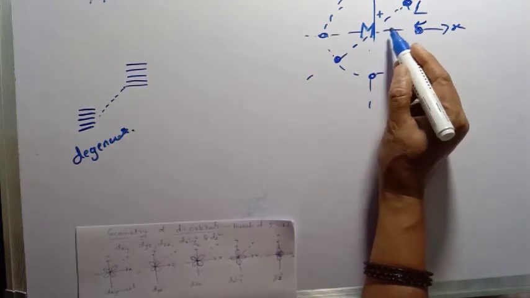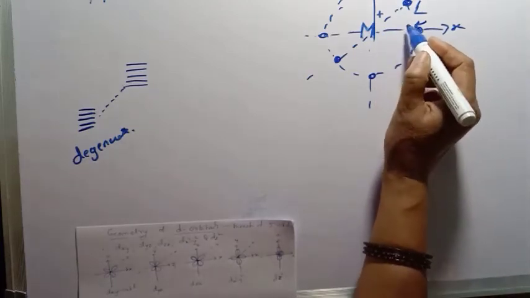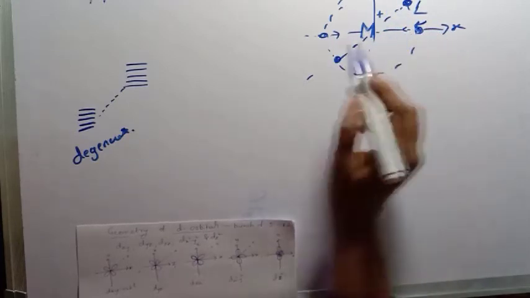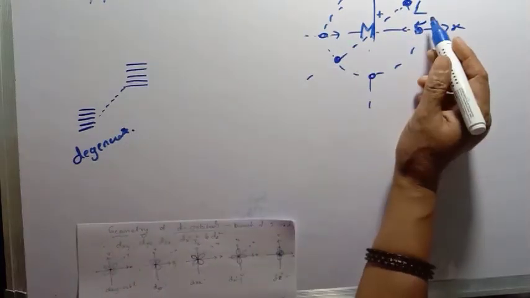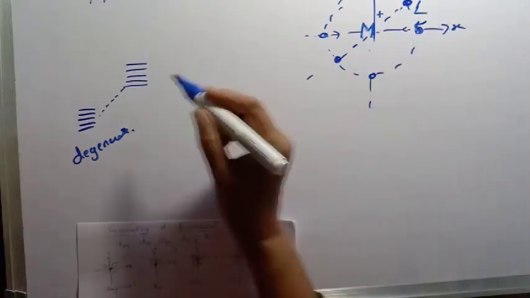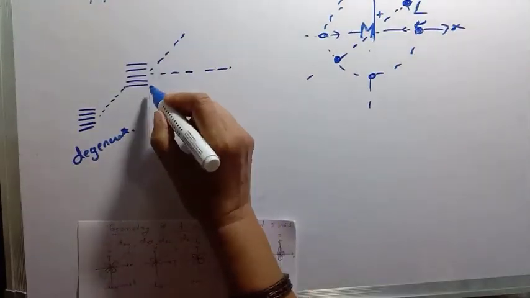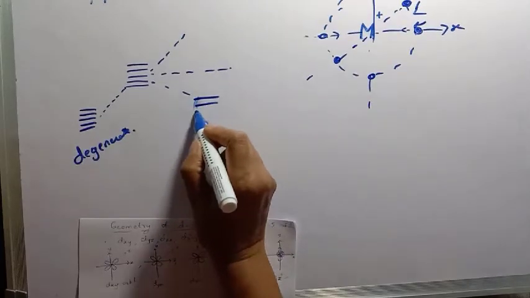So when they approach still nearer to the metal ion, the interaction between the electrons of d orbitals and the electrons of ligand will result in splitting of these d orbitals into sets of d orbitals with different energy.